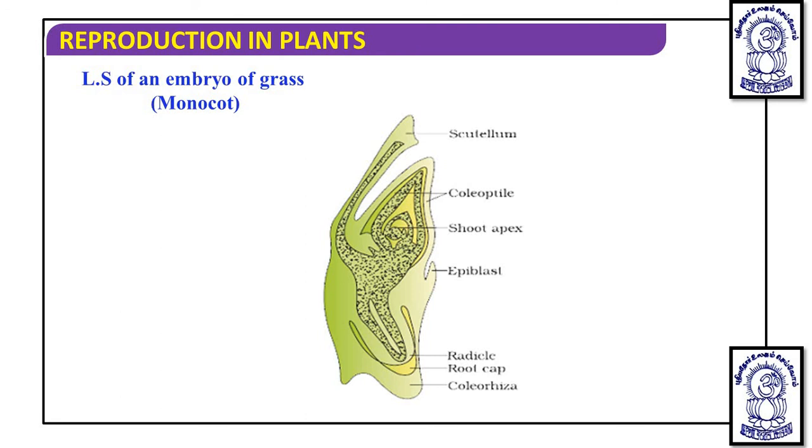This is a diagram of the embryo of a grass or monocot, and you should focus on what you can see in this embryo.